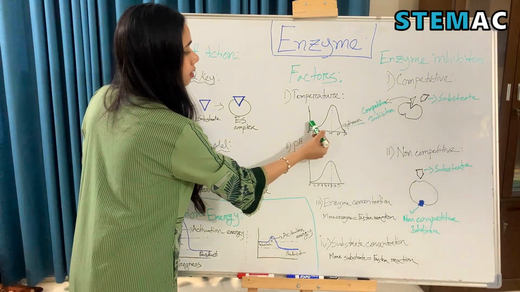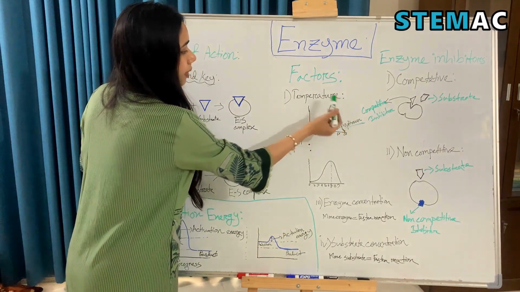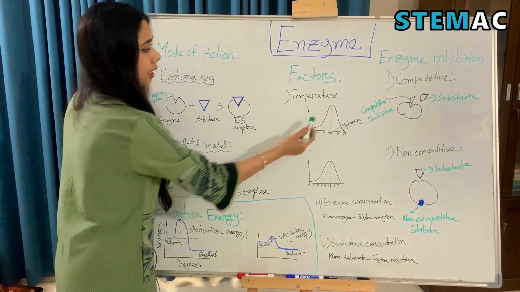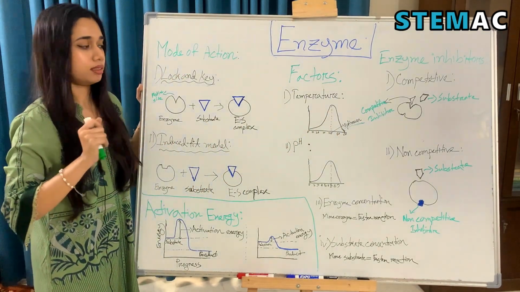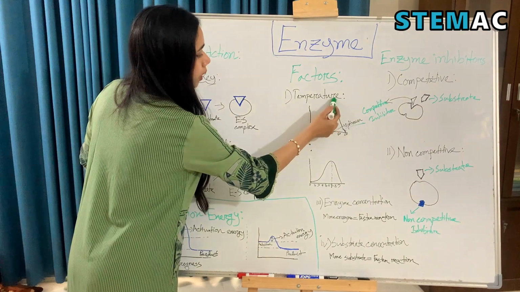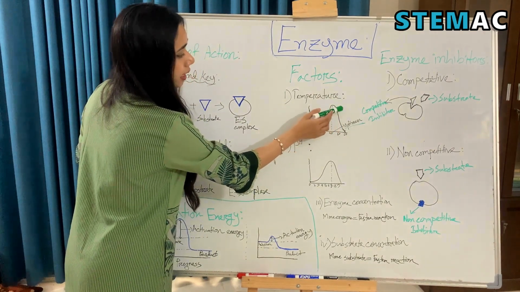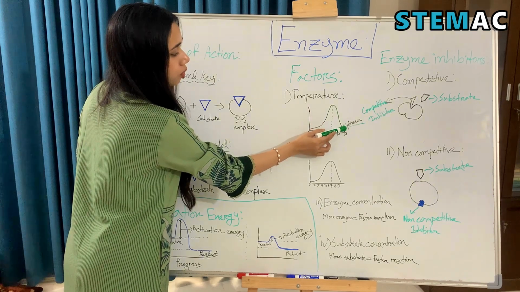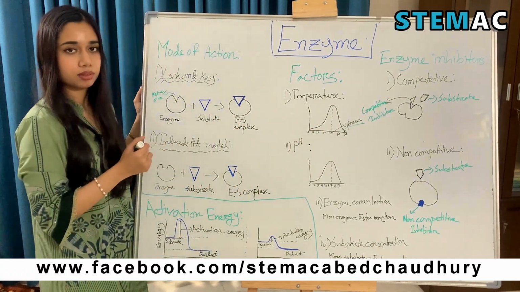And so, as the temperature increases, it will reach its peak at the optimum temperature. And at this peak, the enzyme will work its best. But when the temperature crosses over this optimum temperature, the enzymatic action will start to go down again, because at high temperature, the enzyme will denature.